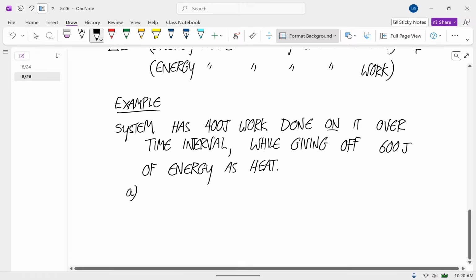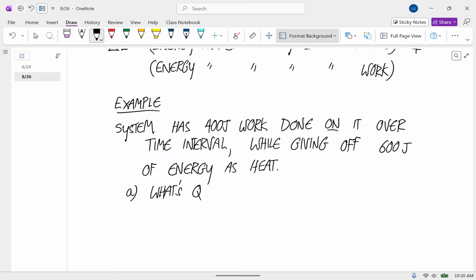So first, what's the value of Q over this time interval?